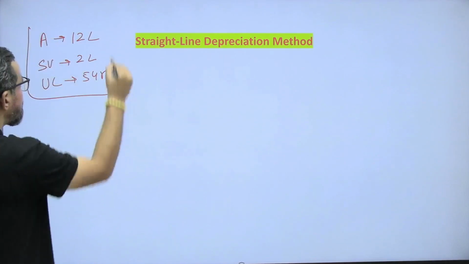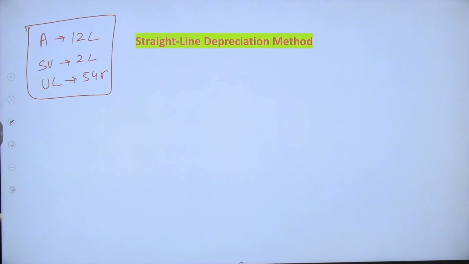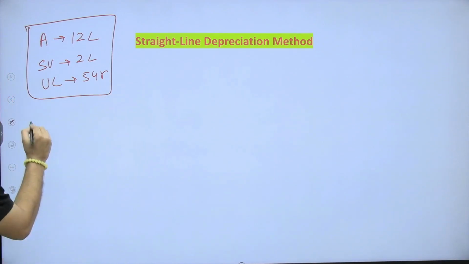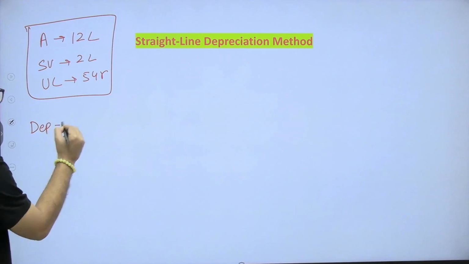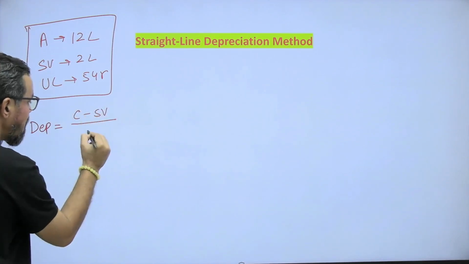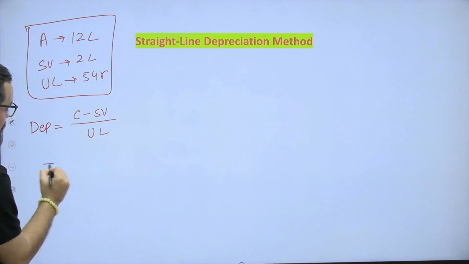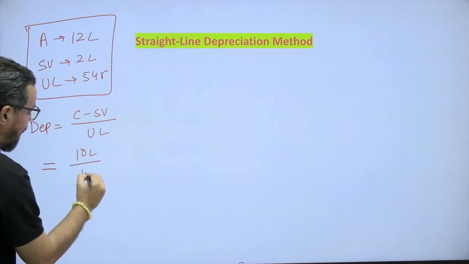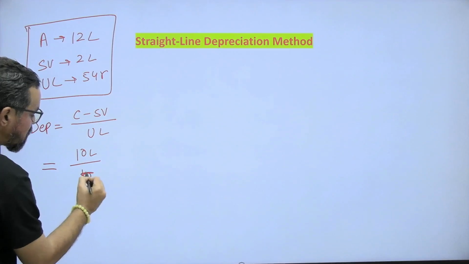So this is the data given in your question itself. Now when you calculate depreciation using the straight line method, depreciation is equal to cost minus salvage value divided by useful life. That means cost minus salvage value is 10 lakh, divided by 5, so it is 2 lakhs.